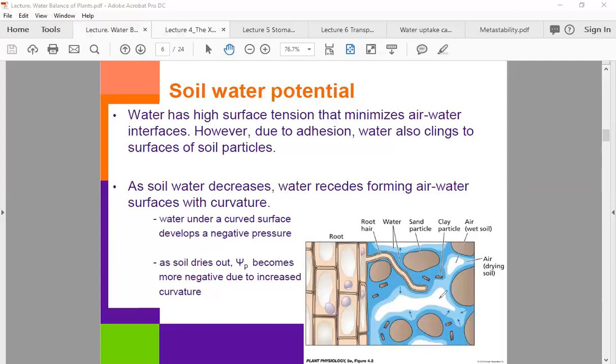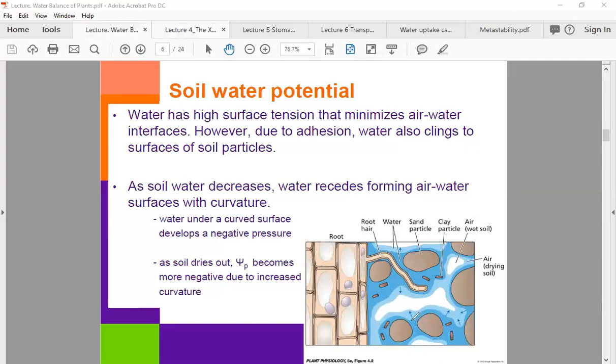All right, when we talk about air-water interfaces, look at what happens because of surface tension. You end up with these curved air-water surfaces.